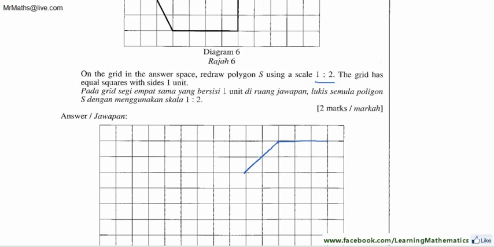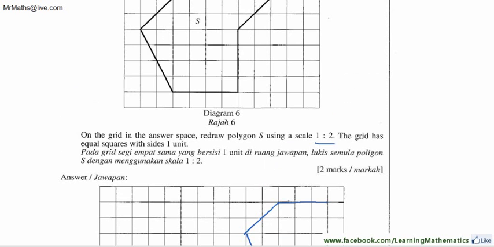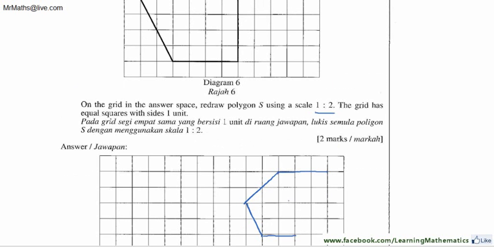So push it down. And then the bottom part over here, there are 4 boxes, so I cover that in 2. And then it goes vertically up 4 boxes, then I'll cover that in 2 as well. And then I just connect the ends in 2 boxes. There you go. So that is my S prime, the image. Okay, let's move on.